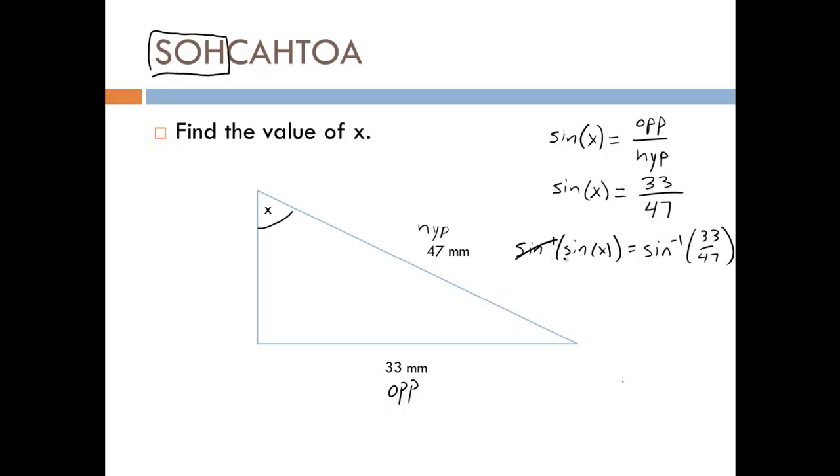So on the left side they cancel, and we're left with x is equal to the inverse sine of 33 over 47. And again, we can compute that on our calculator. This time make sure you use the inverse sine button. So if we compute this on our calculator, we'll get that the measure of this angle is 44.60 degrees.